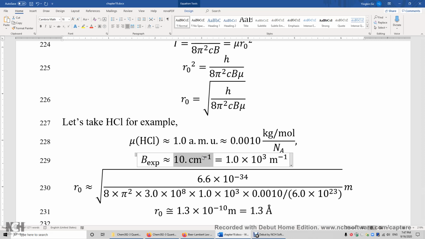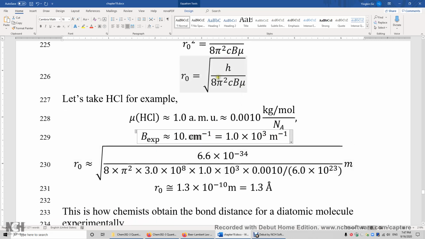So within 1 centimeter length, you can put 10 waves there. And we'll convert this to SI units. If each wave has a wavelength of 1 millimeter, then we can put 1,000 such waves within a length of 1 meter. So when you do this conversion, pay attention here. This is 10 per centimeter. 10 per centimeter is 1,000 per meter.